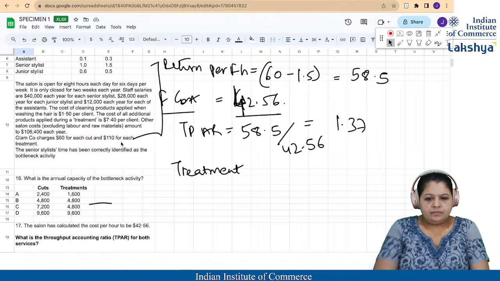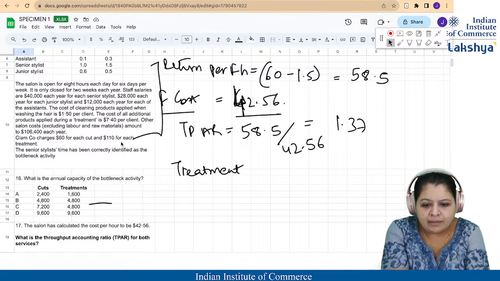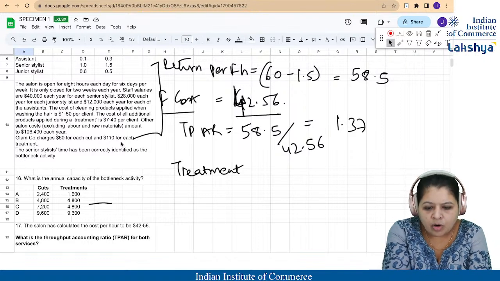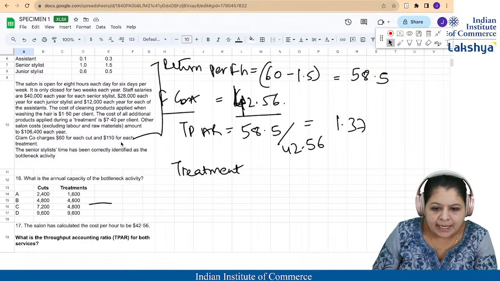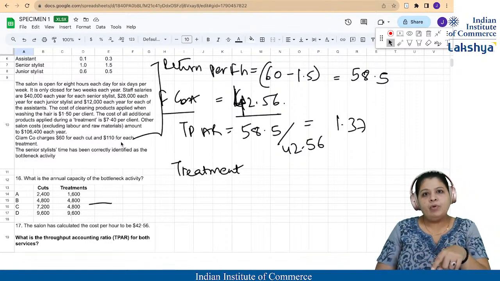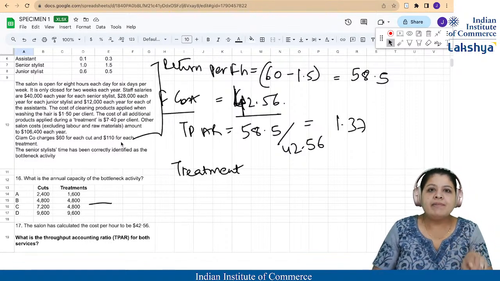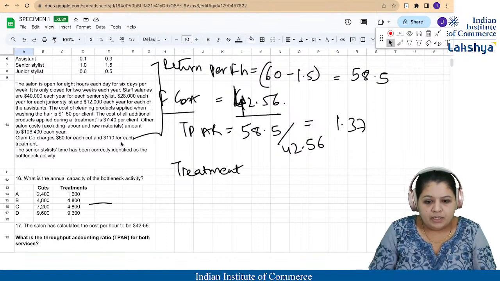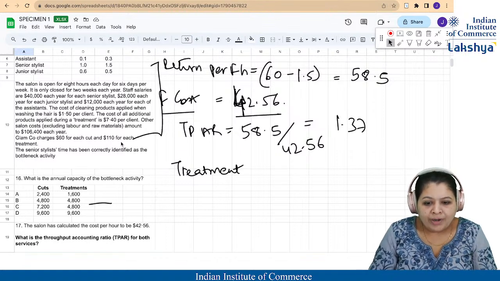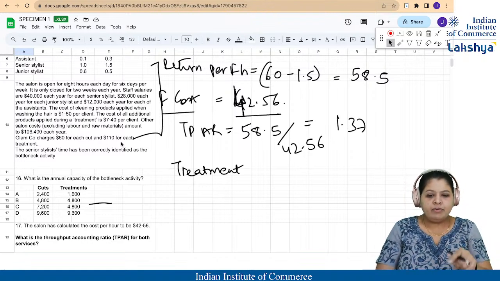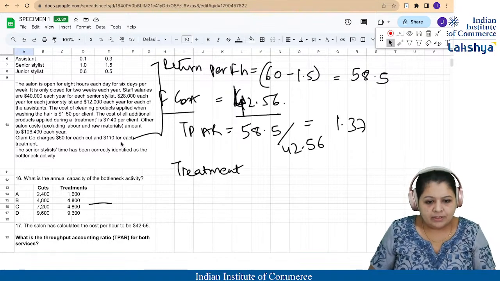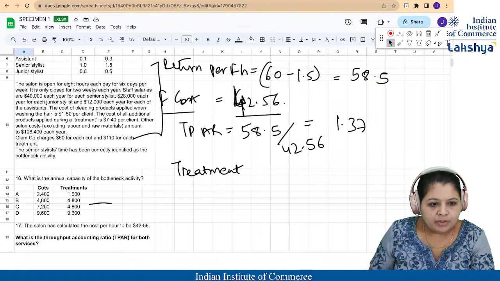Okay. The treatment is 110. The cost of the product that is applied is 7.4, which is an additional cost apart from the hair washing. So 1.5 plus 7.4, that gives you 8.9, right? So that 8.9 has to be deducted from your 110, and then you will get your return per factory hour.